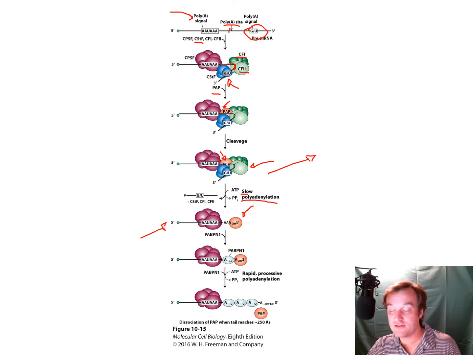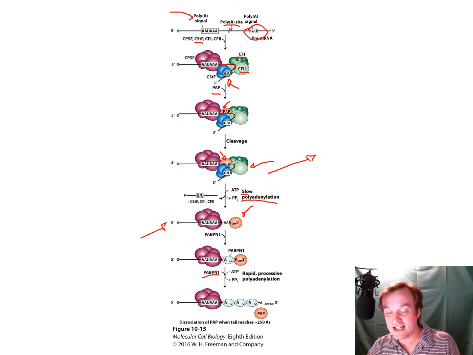And then after 12 or so of these A's are added for the poly A tail, another enzyme, which is PABPN1, which is poly A binding protein, and the N1 stands for it's localized in the nucleus, so it's nuclear poly A binding protein.